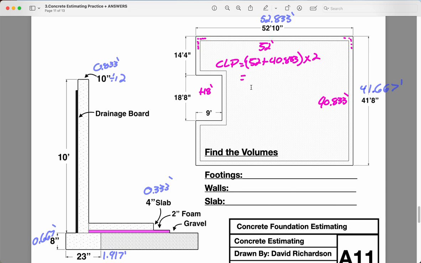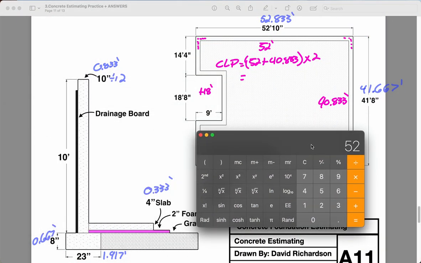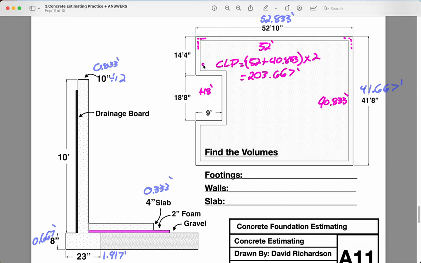Let's pull up the calculator. 52 plus 40.833, times 2, and then plus 18. So the total center line perimeter is 203.667 feet. That is just a length measurement: the length to go all the way around the building at the center line.